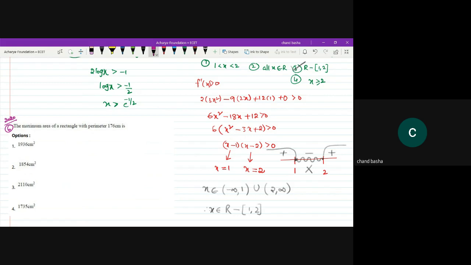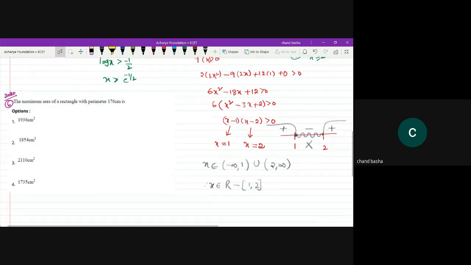The maximum area of the rectangle with perimeter 176 centimeter. Let's see how we can do this rectangle concept.